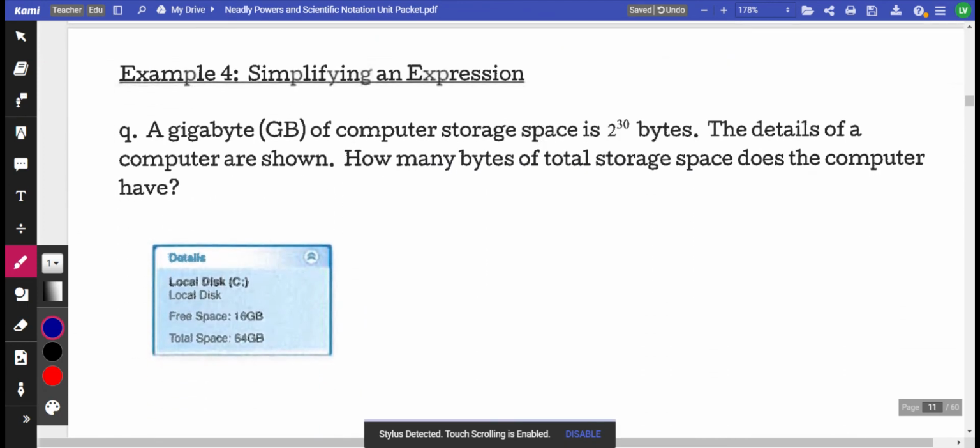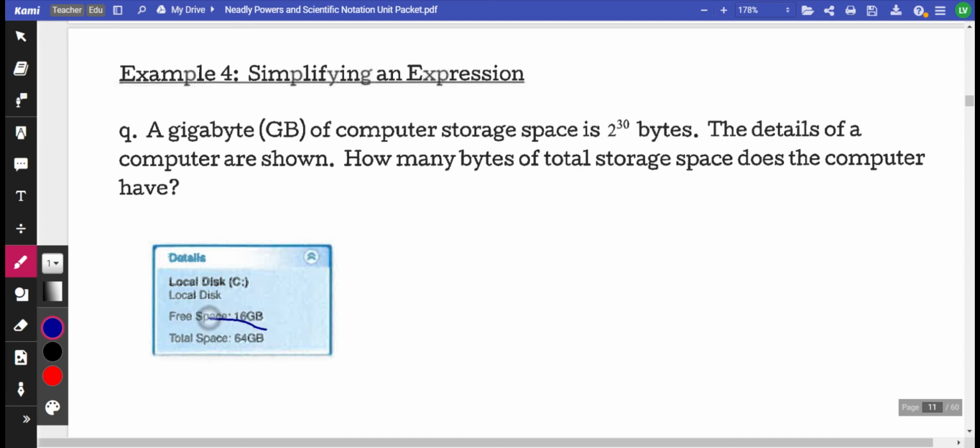Okay, example 4, simplifying an expression. Letter Q. A gigabyte, which is abbreviated GB, of computer storage space is 2 to the 30th power bytes. The details of a computer are shown. How many bytes of total storage space does the computer have?